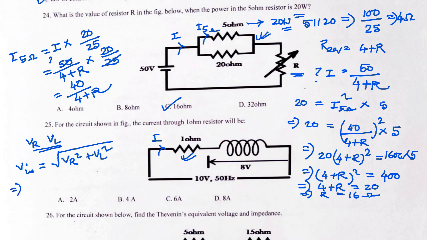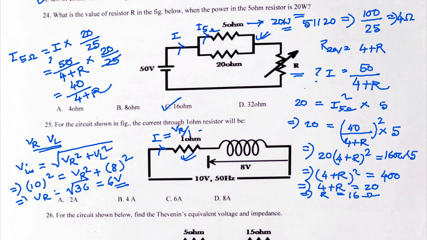So the input voltage square, that is 10 volt, is equal to VR square plus VL square, where VL is given to be 8. So VR will be root over of 36. That means VR will be 6 volts. So I is nothing but VR by 1 ohm, that is 6 by 1, is equal to 6 ampere. So option C here is the correct answer.